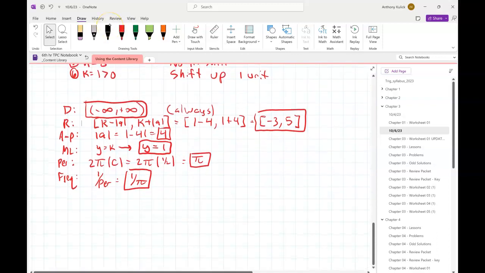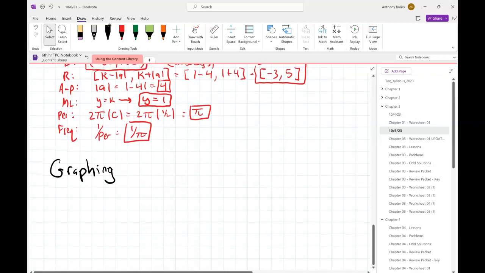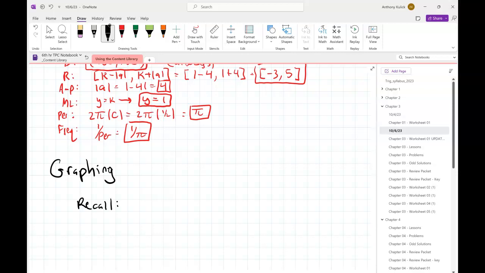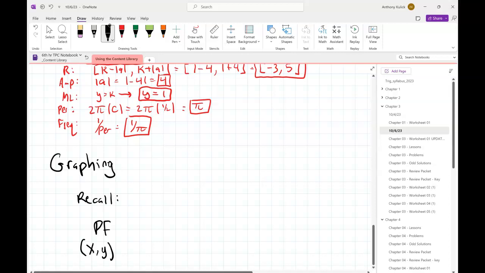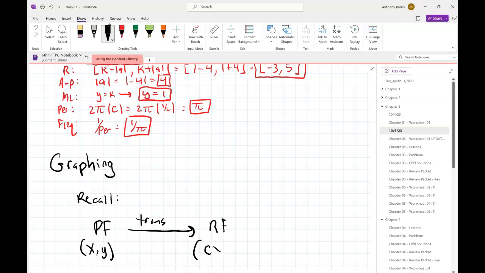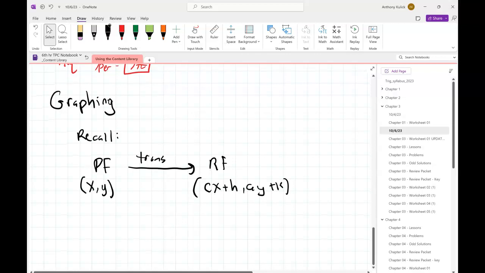Okay. The other skill I want to talk about today then is graphing. So from last time, recall that if we had some point x, y in the parent function, and we transformed that into some resultant function, we can get that new point in the resultant function by doing cx plus h, comma, ay plus k.